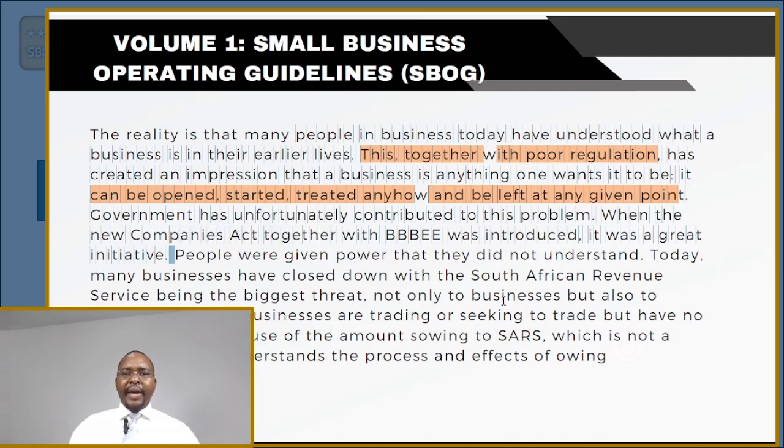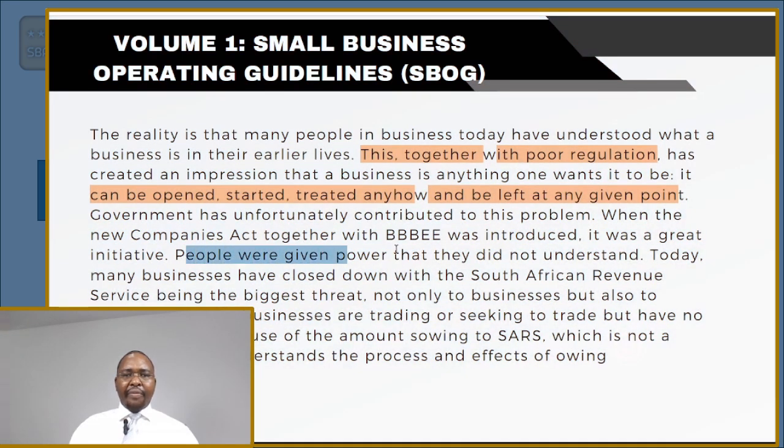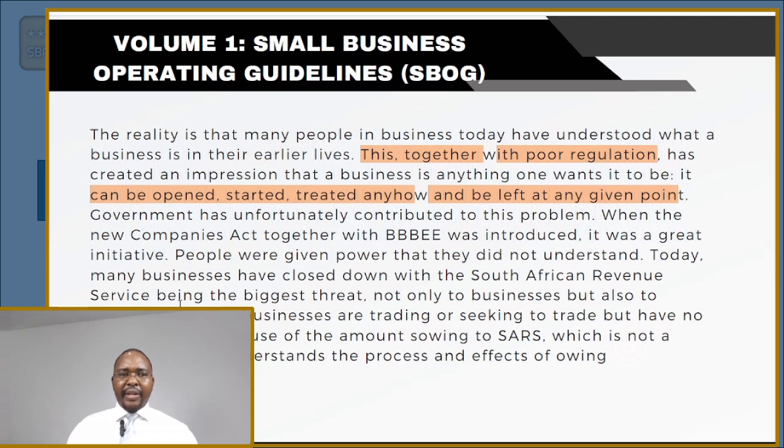And today, some of the problems that we find is that as a result of doing business, people have now attracted SARS. There is a guy called the South African Revenue Services, and it has since become the biggest threat to businesses. There are a lot of businesses who are owing SARS.